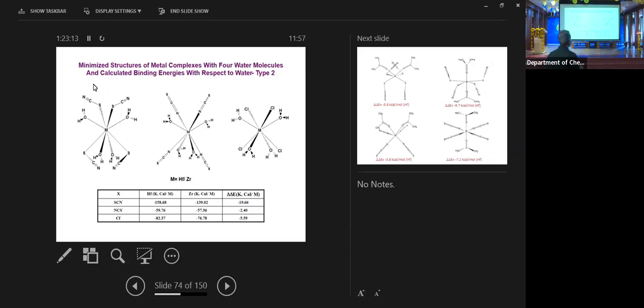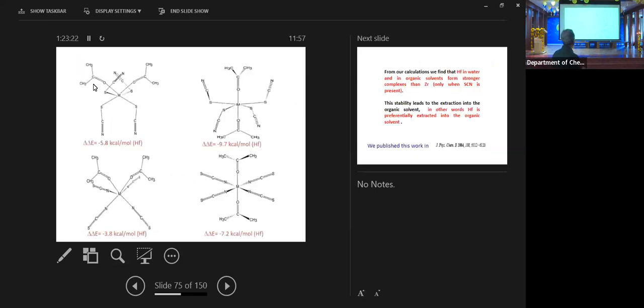And we found that with different structures, it is 2.4 to 5.5. We showed that hafnium is always binding better to the solvent when thiocyanate is added.